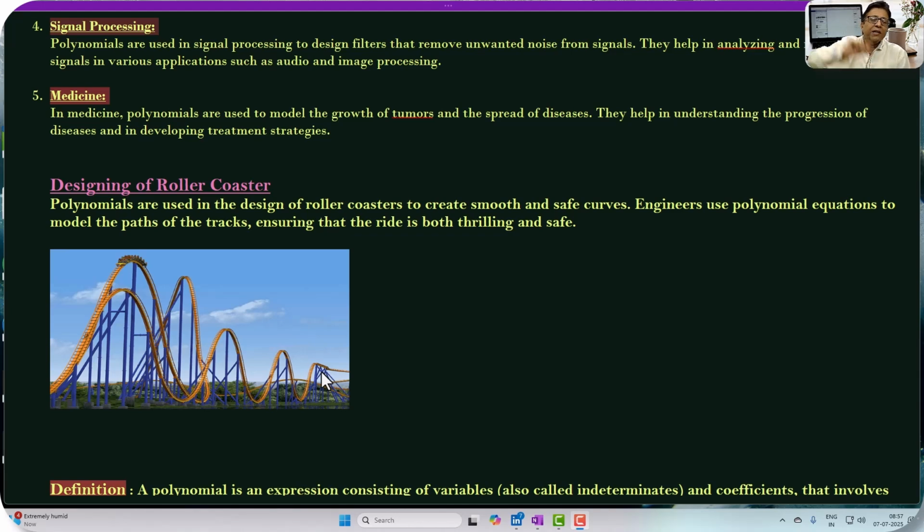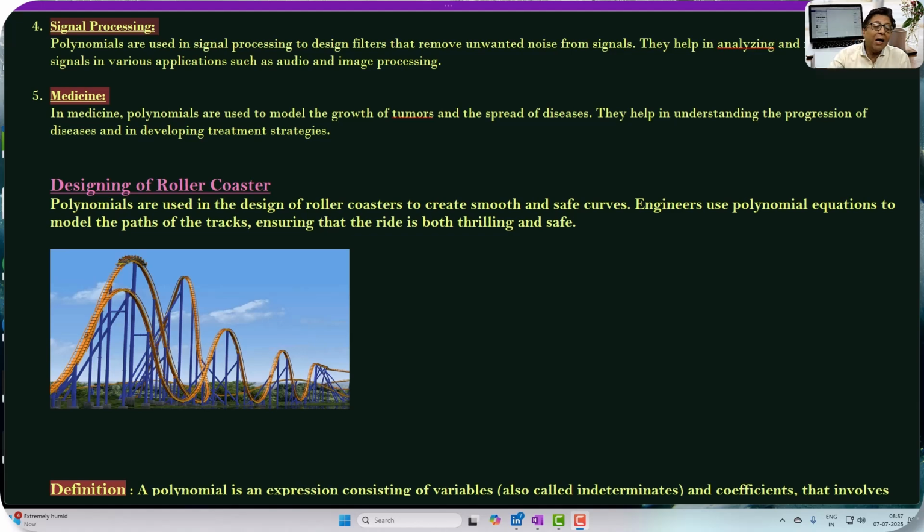If there is a very sharp end in the polynomial, it will create a huge problem in designing the roller coaster. A unique point where a tangent is there is not safe at the topmost point for a roller coaster.